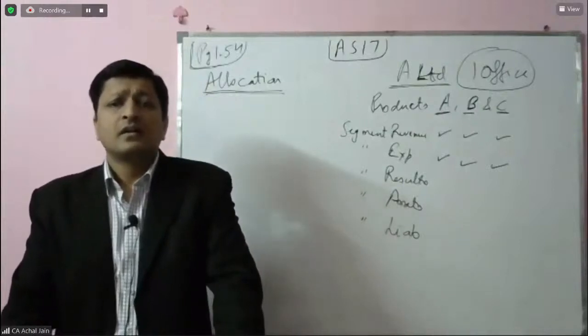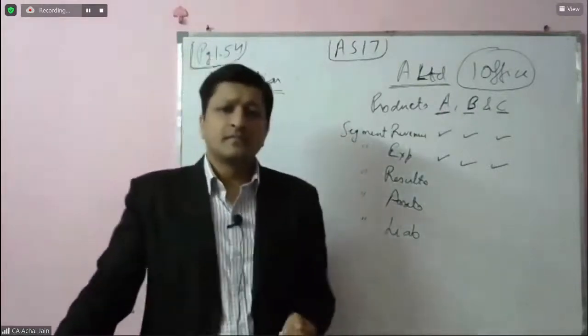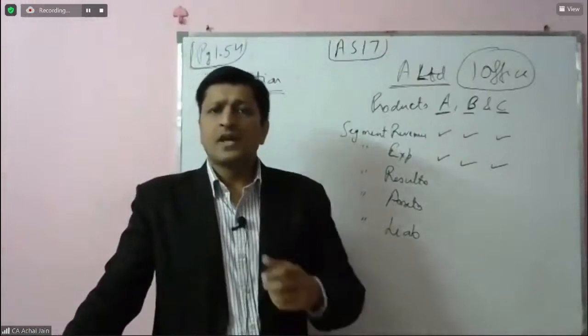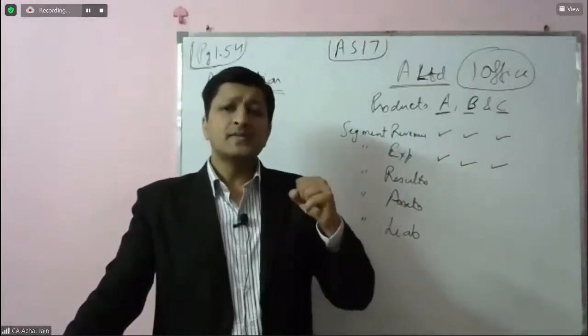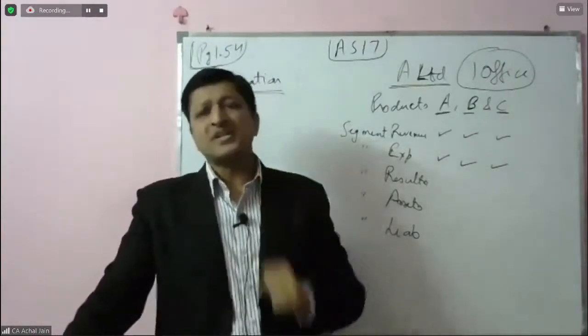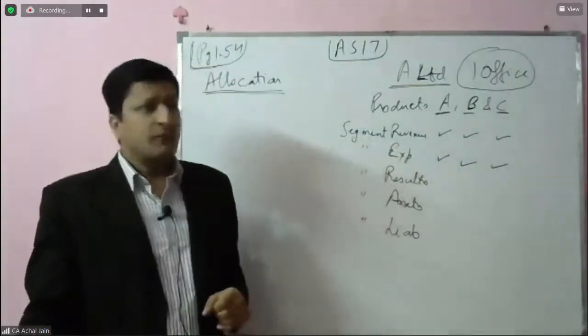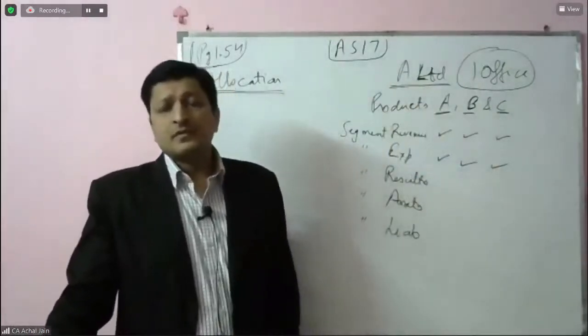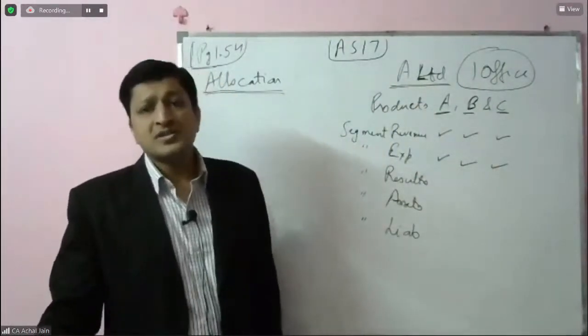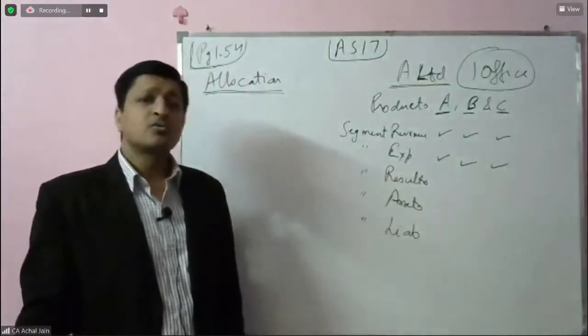But the HR team, admin team, accounts team, treasury team, there are so many teams which are working for the company as a whole, which are not really working for product A, B or C. Now, what do you do about those salaries or those costs?